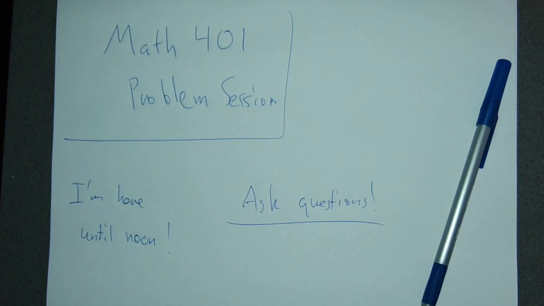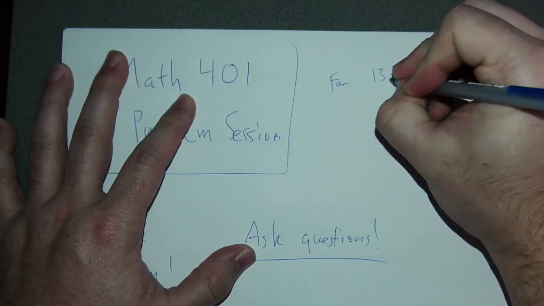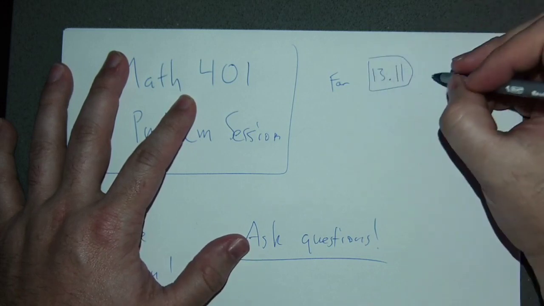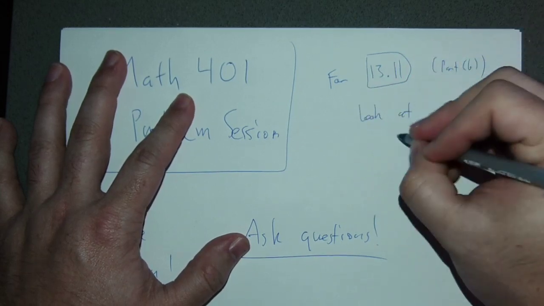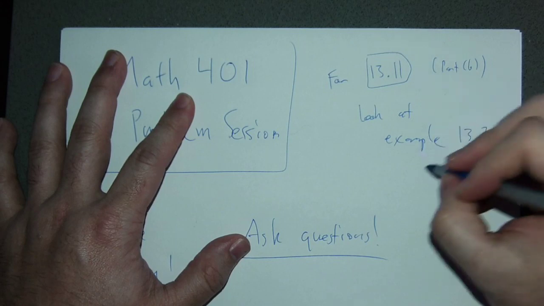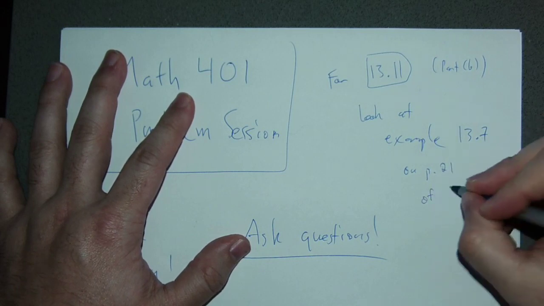It's the square. So it's example 13.7. For chapter 13, number 11, this is really for part B. Look at example 13.7 on page 21 of chapter 13.